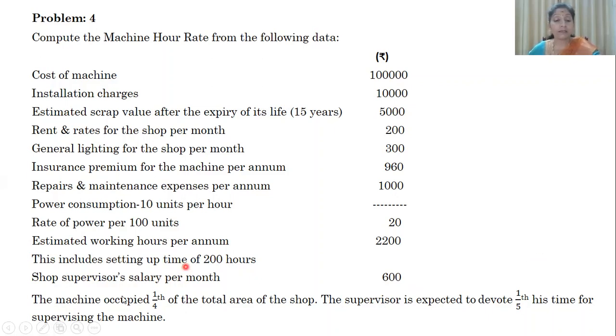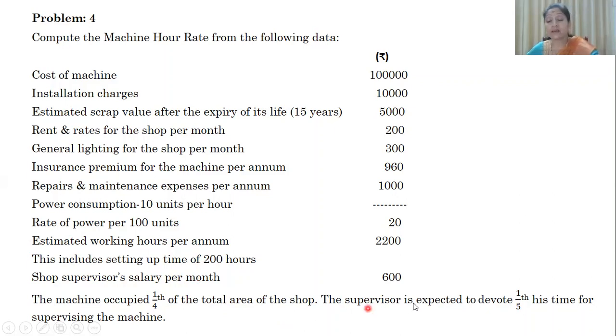Listen here. The machine occupies 1/4 of the total area of the shop. Then there are 4 machines in the department. We are calculating the machine hour rate for one of the machines.